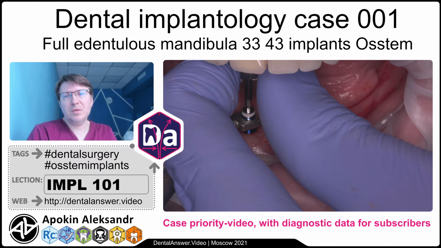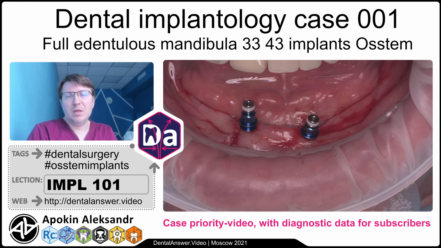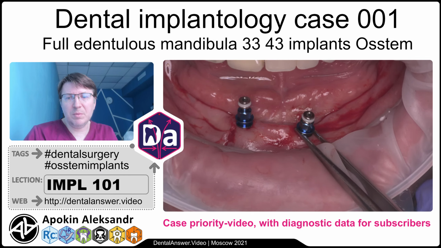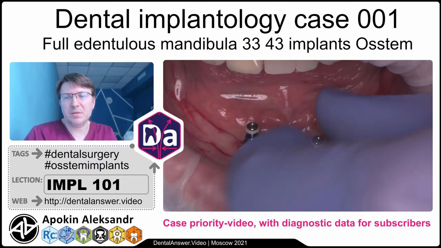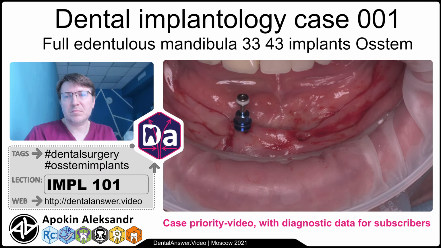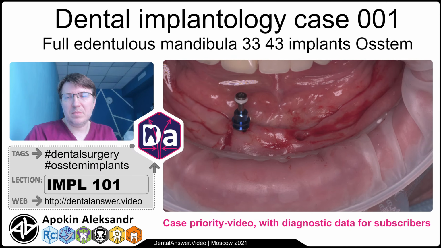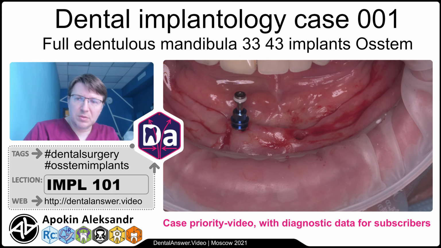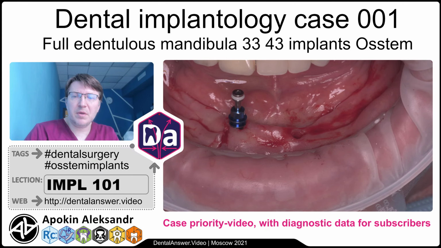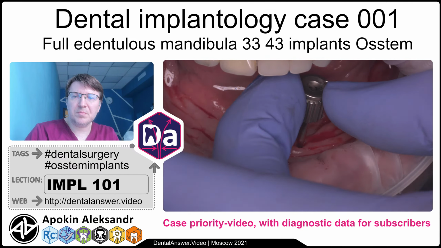We remove all screws from the implant, and then we're ready to remove all these mounters from the implants and insert the covers. I remove only one and then insert the cover in the implant from this package.